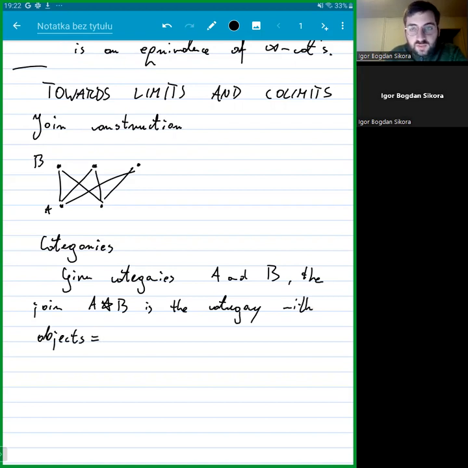So the class of objects of the join is a disjoint union of objects of A and objects of B. And the morphisms.